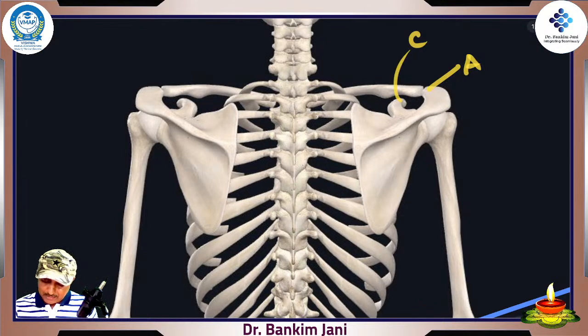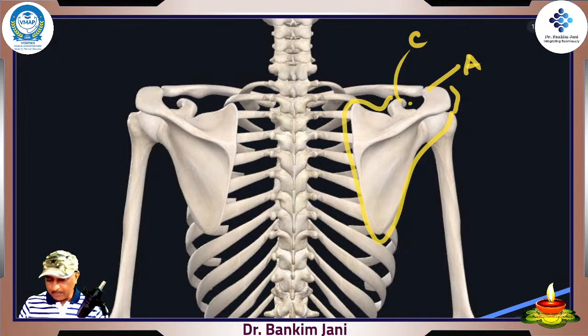Can you see that this entire thing is the scapula? In the middle of the scapula, there is a big ridge, dividing the entire scapula into an upper part and a lower part.